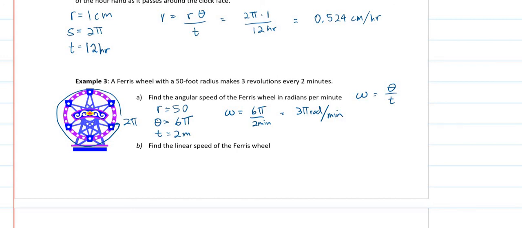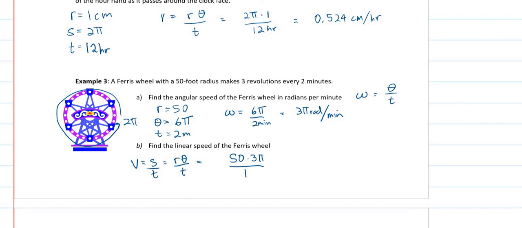Then to find the linear speed of the Ferris wheel, now we're going to use our linear speed formula, v equals s over t, where s is the arc length, or we could do v equals r times theta over t, which in this case, r is 50. Theta, we've discovered, is 3 pi, and the time it takes to go 3 pi is 1 minute.